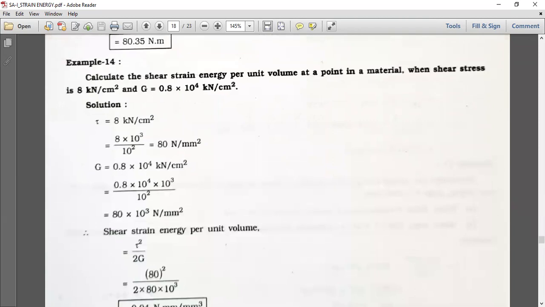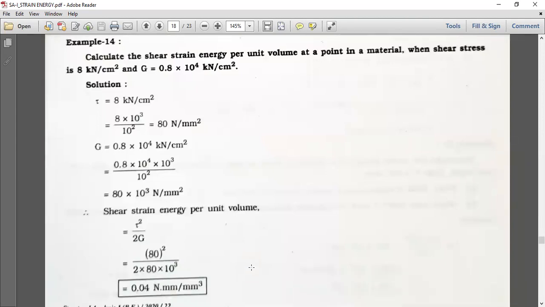Another example, but it's quite similar, so I'm not going to solve it. It's for homework. Calculate the shear strain energy per unit volume at a point in a material when shear stress is 8 kilonewton per centimeter square and G is equal to 0.8 into 10 raised to 4 kilonewton per centimeter square.